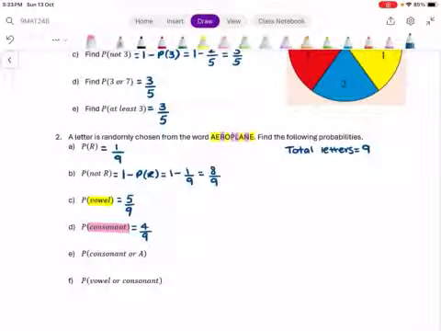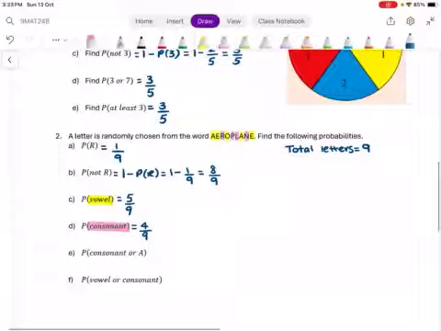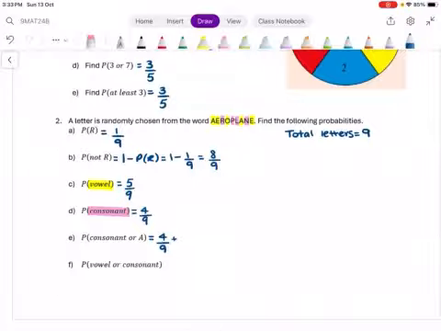So 4 over 9, plus 2 over 9 for the A's. So that's a total of 6 over 9. And like I said, we need to check whether that simplifies, and it does simplify to 2 over 3.